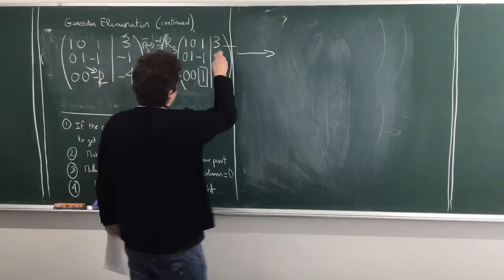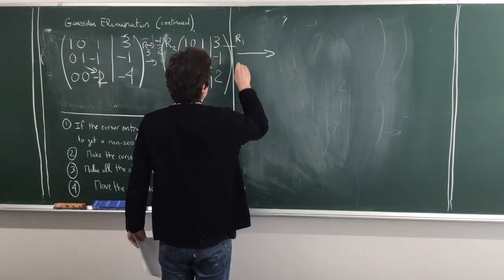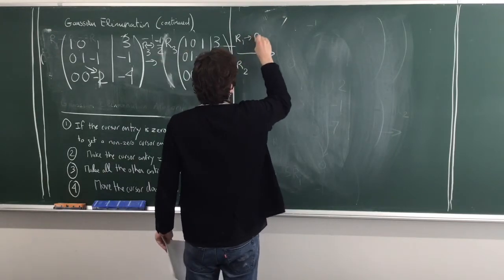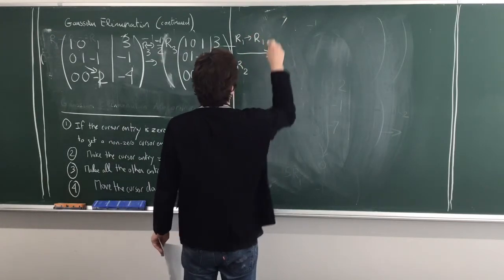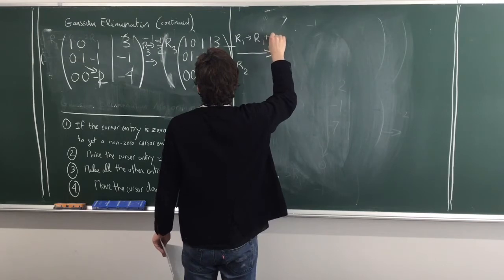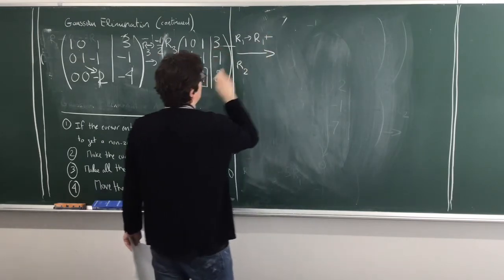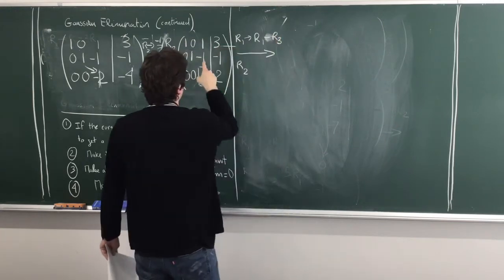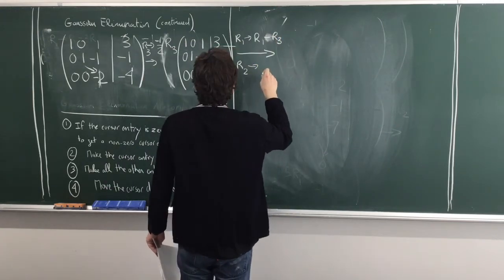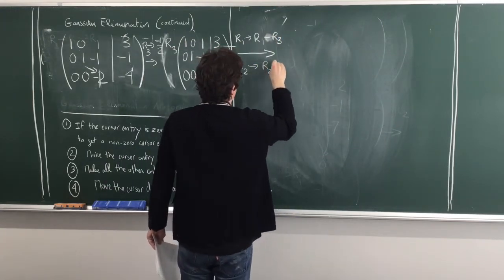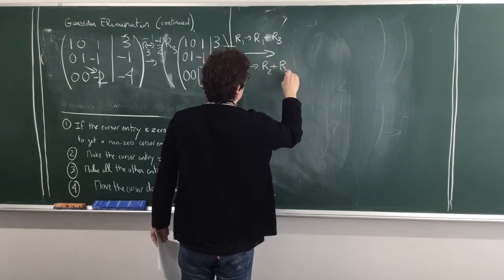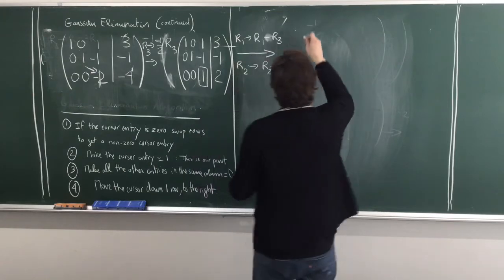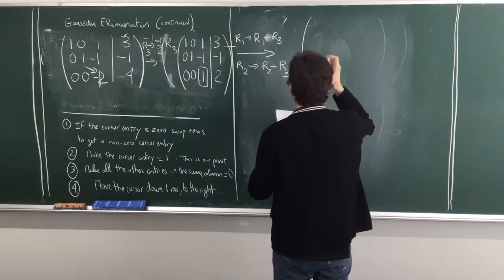I'm going to transform row 1 and row 2. As you can see, row 1 will be changed to row 1 plus, so I'm using this pivot, right? So I'm going to do minus row 3. And row 2, I'm going to just add plus row 3 to get a 0. Doing that, I will get the following.